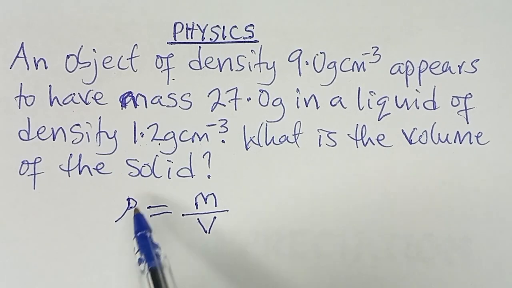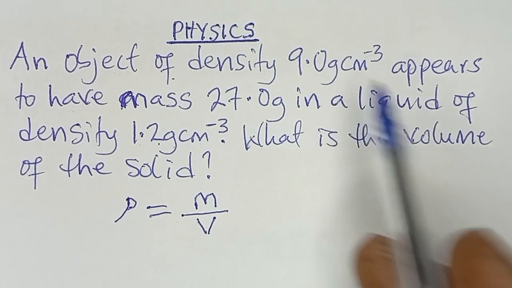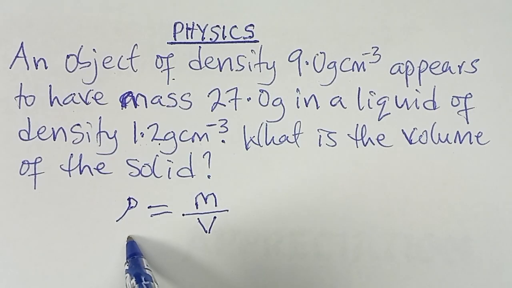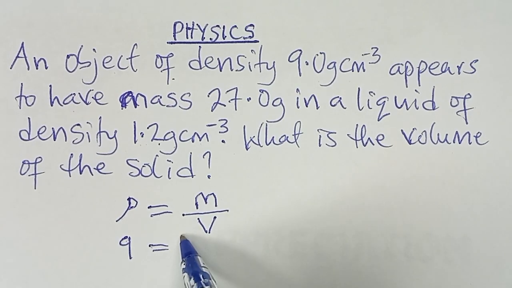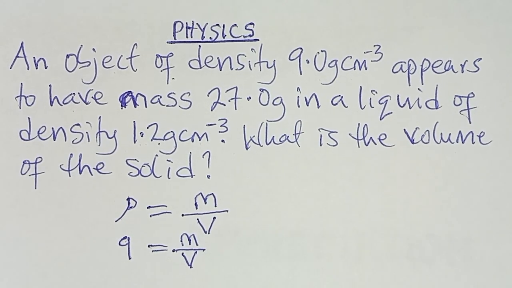The density of the object is 9. 9.0 is the same thing as 9. And it is equal to the mass of the object that we do not know all over the volume of the object that we do not know as well.